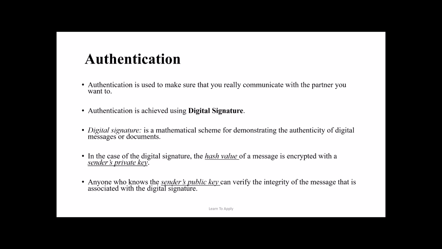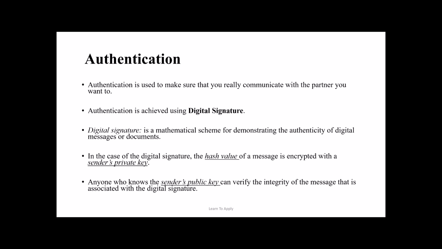So what cryptographic scheme is used to achieve authentication? It is digital signature. So what is a digital signature? It's again a mathematical scheme for demonstrating two things: authenticity as well as integrity of digital messages or documents.